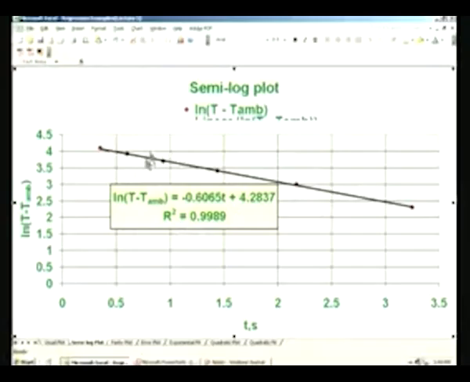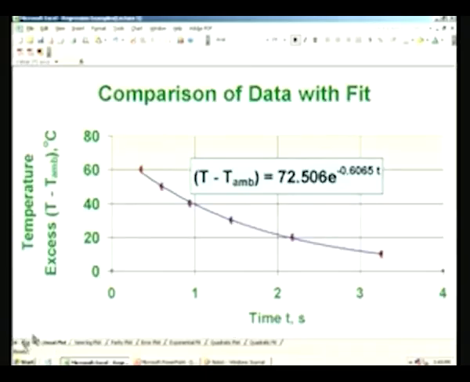In fact, what I did was, after doing the semi-log plot and finding what was the appropriate relationship, I have gone back and plotted that in the form of an exponential plot, because if you remember, if the semi-log plot shows a straight line relationship between the two quantities, the relationship between the two variables is exponential in nature.